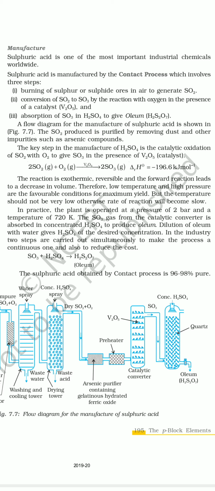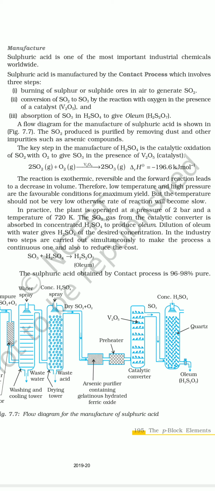Then the second step is conversion of SO2 to SO3 in presence of vanadium pentoxide by reaction with oxygen. So when sulfur dioxide reacts with oxygen, in the presence of a catalyst, vanadium pentoxide, sulfur trioxide is produced and a large amount of heat is produced.